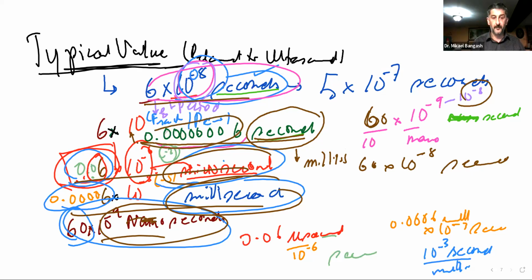It's going to be 0.000006. Then we are going to take off, I guess, 3 zeros, because we said it's going to be milliseconds.